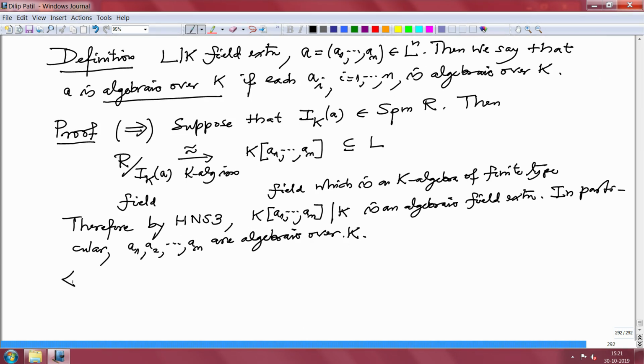Now conversely, we are assuming that all these are algebraic over K, and we want to prove that it is a maximal ideal.